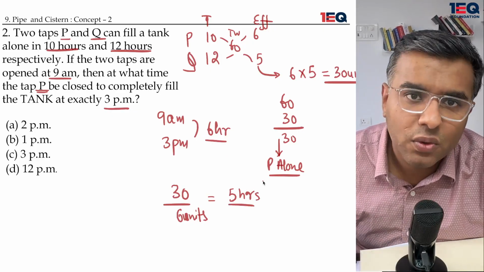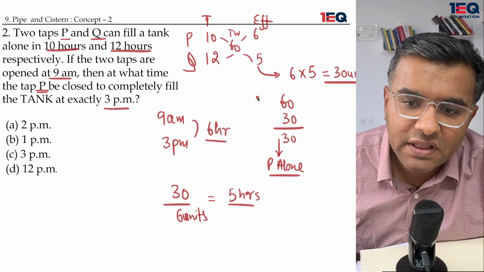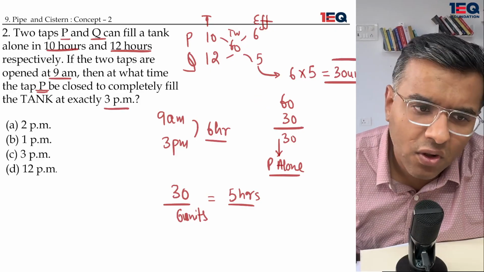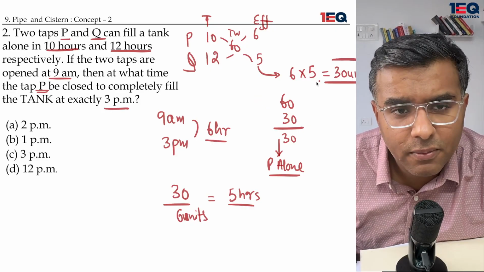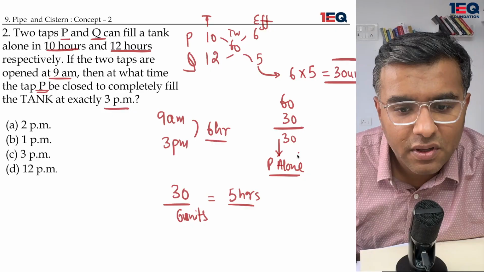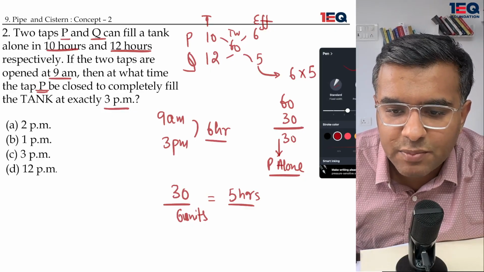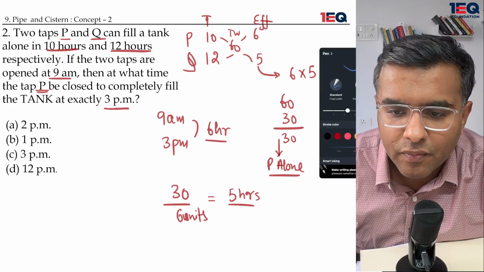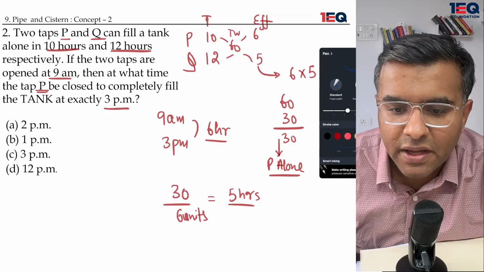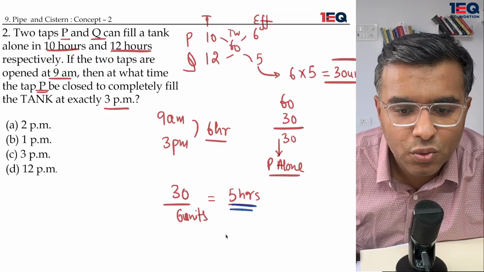When 30 units of water has already been contributed by Q, only 30 units of water is left to be filled. This is being done only by P. So it would take 5 hours to do the job.